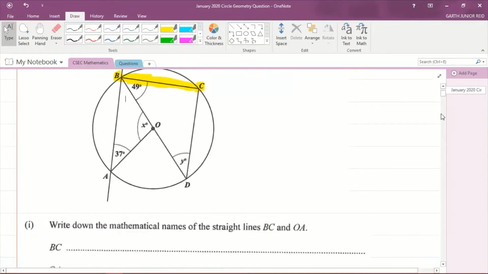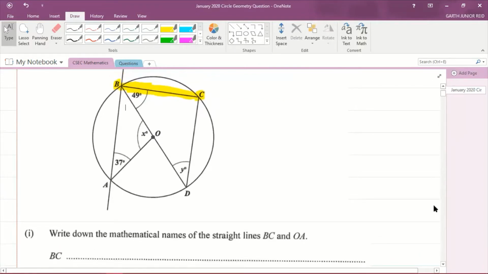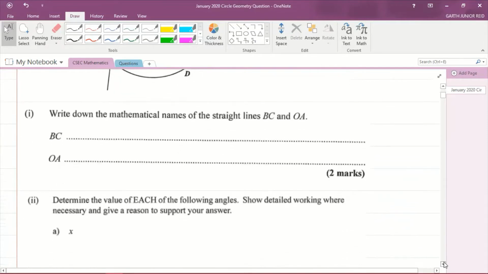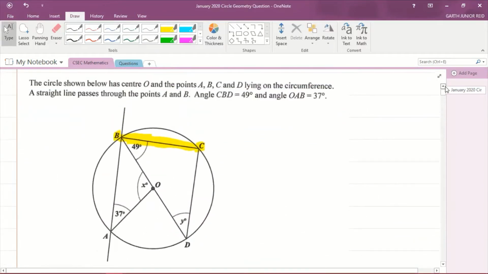Well, you should recall from lower school that that part of the circle is what we call a chord. So BC is a chord.